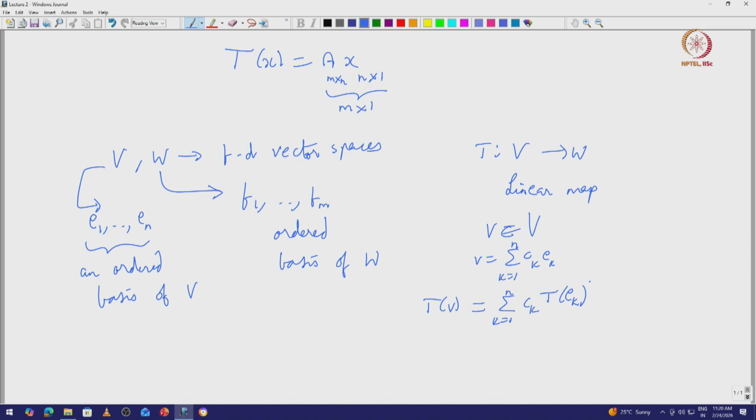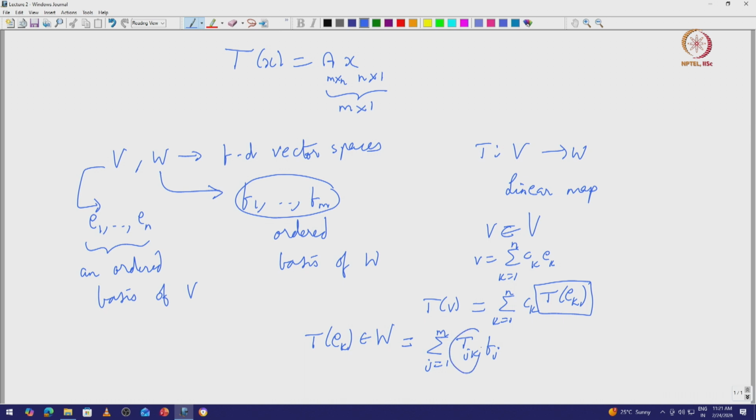So in other words, if we know what T of e_k is, we can determine T of v for any v, right? Now T of e_k is an element of W, so in particular it's a linear combination of these basis vectors, right? So suppose I write T of e_k as sum over j from 1 to m of T_jk f_j, yeah.